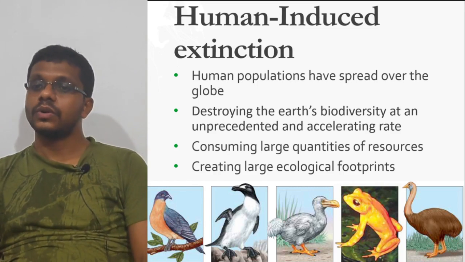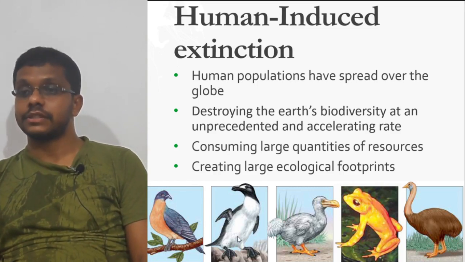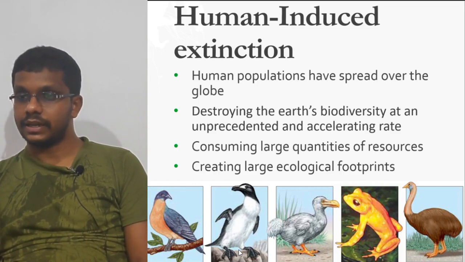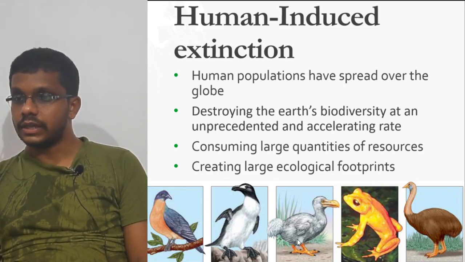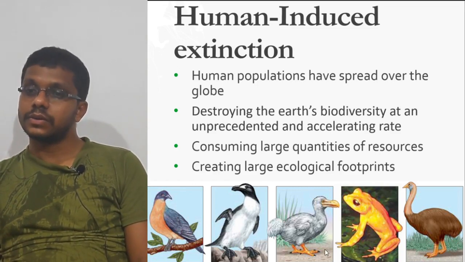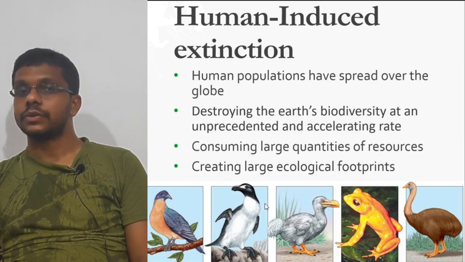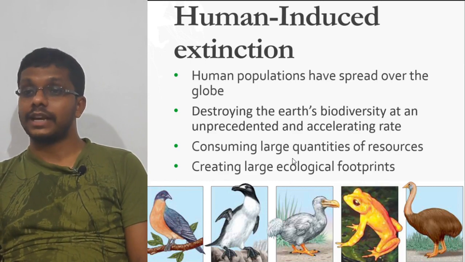This image shows different animals which went extinct in recent times due to human activities. You might know the dodo or the golden toad. All of them went extinct in past centuries due to human activities.